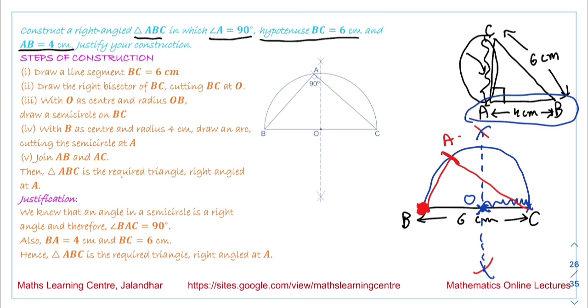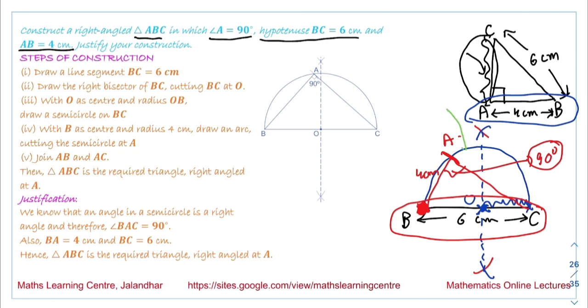So we obtain a triangle ABC in which AB is equal to 4 centimeters, and this angle at A will be 90 degree, because BC is the diameter of the circle, and this is a semicircle.